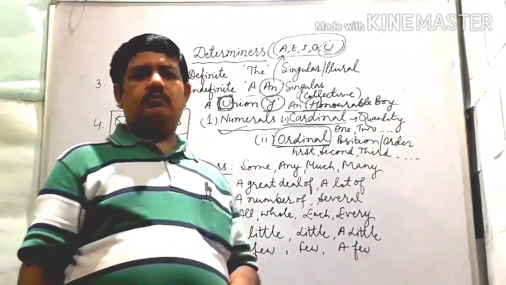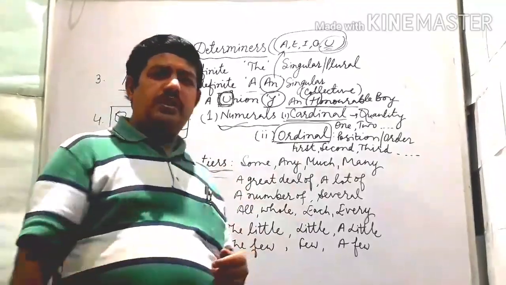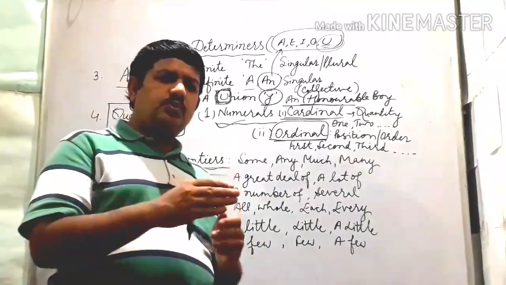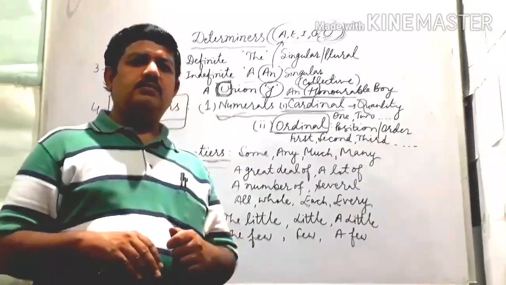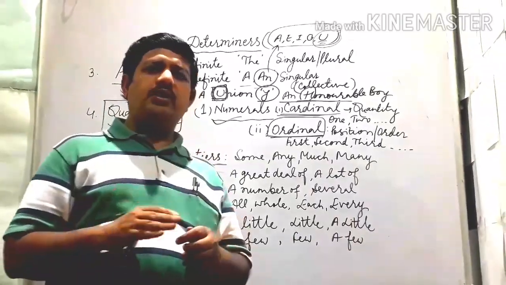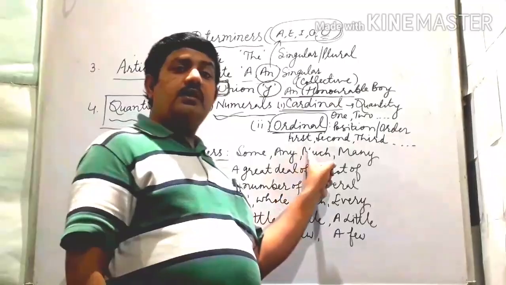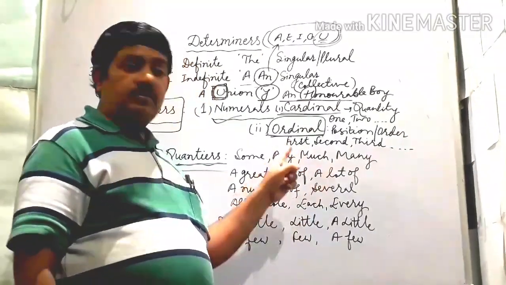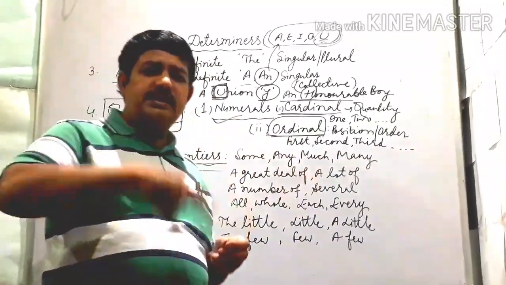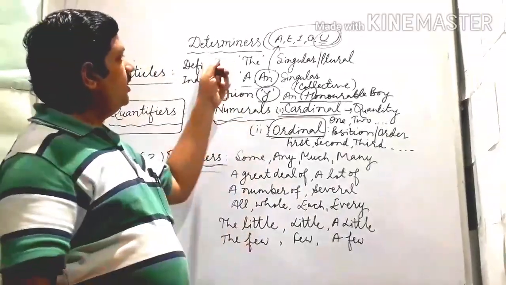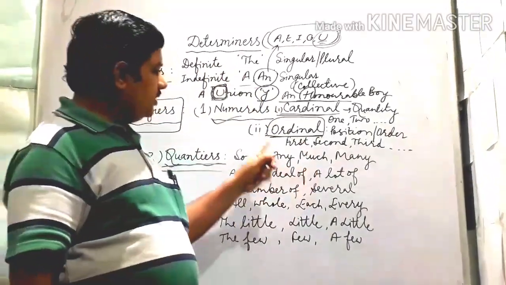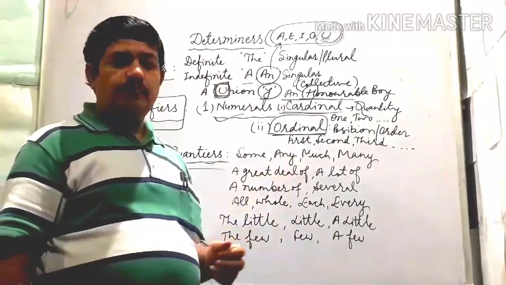Position is a noun. Or the first boy who came today, the first boy who came today in the morning is Mohan. So boy here is a noun, and first here is a kind of adjective term, a determiner. That is the thing we are learning today, determiners.